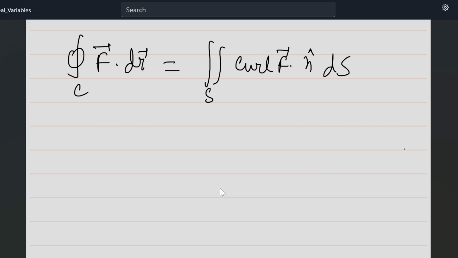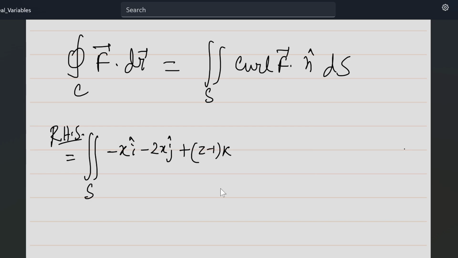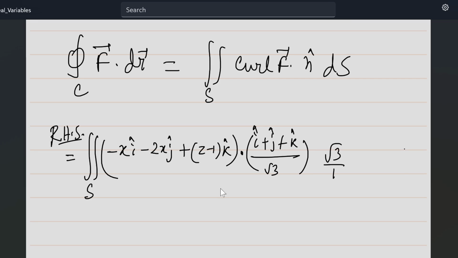So the right hand side is equal to double integral over surface S of minus x i minus 2x j plus z minus 1 k dot n hat, which is i plus j plus k by root 3, into ds, which I just found is root 3 by 1 dx dz, correct?